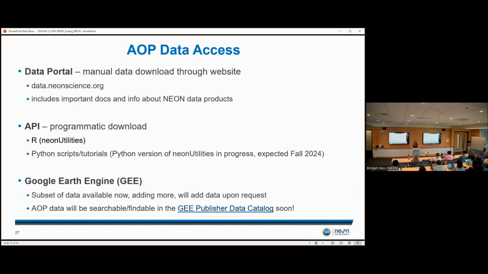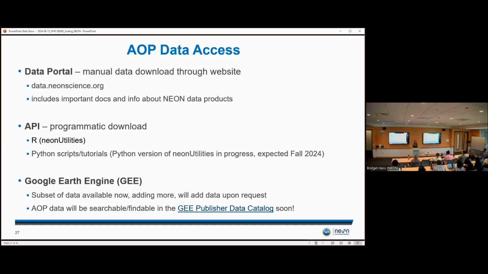And then we're also adding AOP data to Google Earth Engine to enable this sort of scalable analysis. We have a subset of data available now, and then we'll add more upon request. So if anyone's interested in any specific sites, you can reach out to us and we'll add that for you. And we are planning on adding the full archive. It will just take some time.